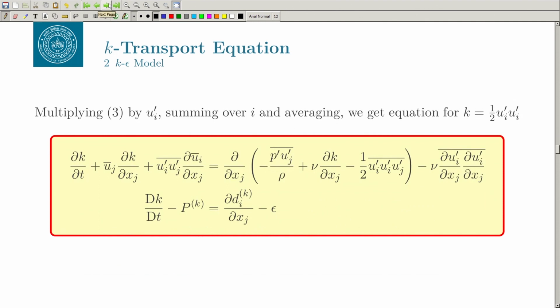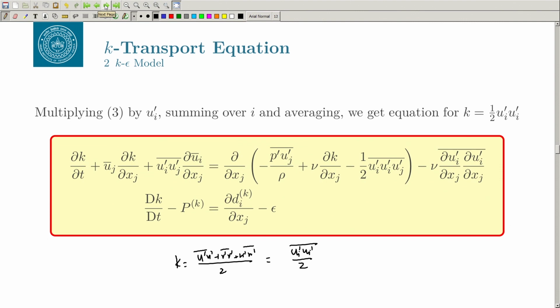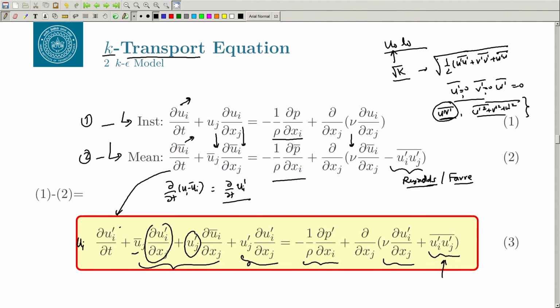In order to get the K transport equation, what is K? K is basically (u prime squared plus v prime squared plus w prime squared) by 2, or you can write it as ui prime ui prime bar by 2. You already have the equation for ui prime. You take this equation and multiply the entire thing by ui prime.